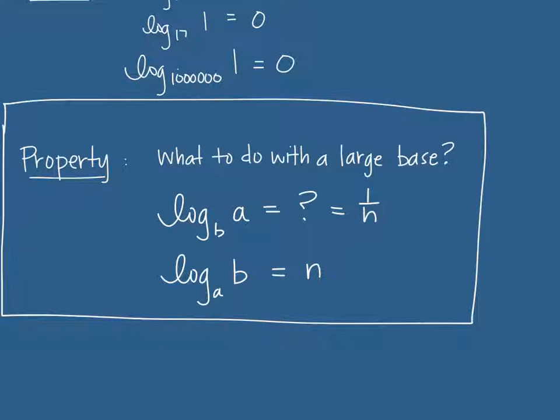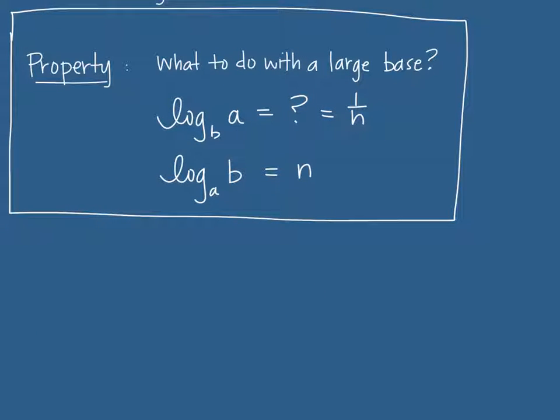I'm going to show you a couple of problems where that works out. For example, suppose you have the log base 64 of the number 4. That's tough because 64 is a really large number, way larger than the 4.